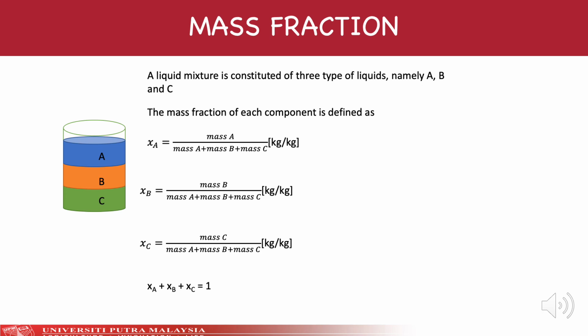So if we want to know the mass fraction of propane in this sample, which is denoted by A, then XA, which is the mass fraction, is equal to the mass of A divided by the total mass of A, B, and C. The same should be done for B and C, and the summation of XA, XB, and XC should be equal to 1, and at all times XA, XB, XC should be equal to or less than 1.